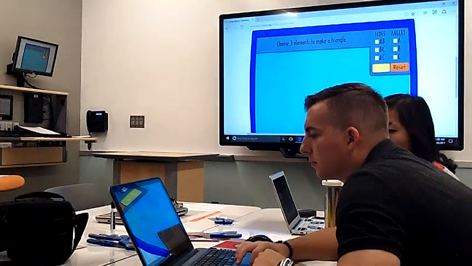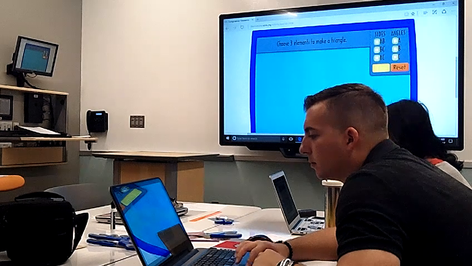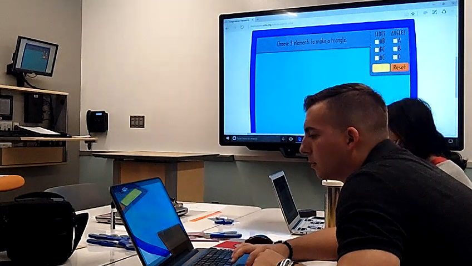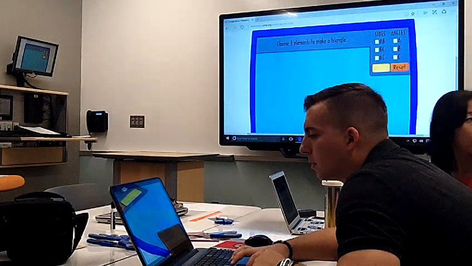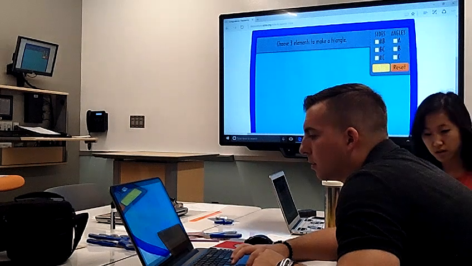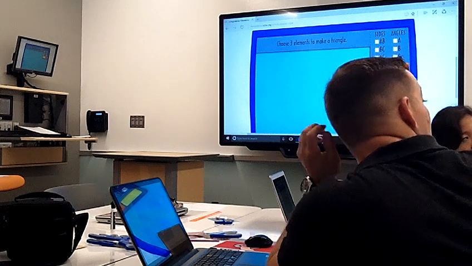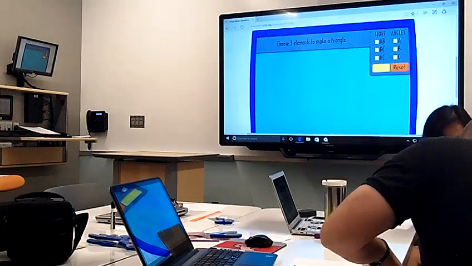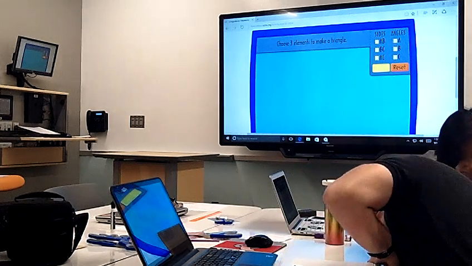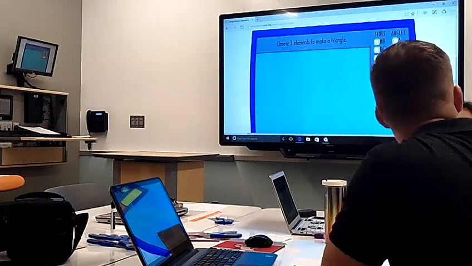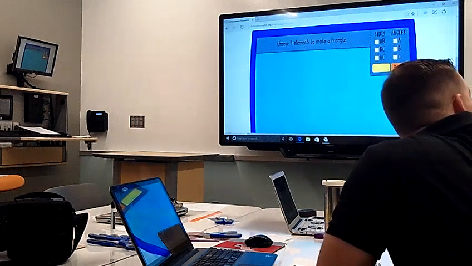Right, real quick, everyone look over here. If we have a triangle, if we're looking at the sides, and where the sides meet, what do we call where the sides meet on a shape or a figure like this? A vertex.